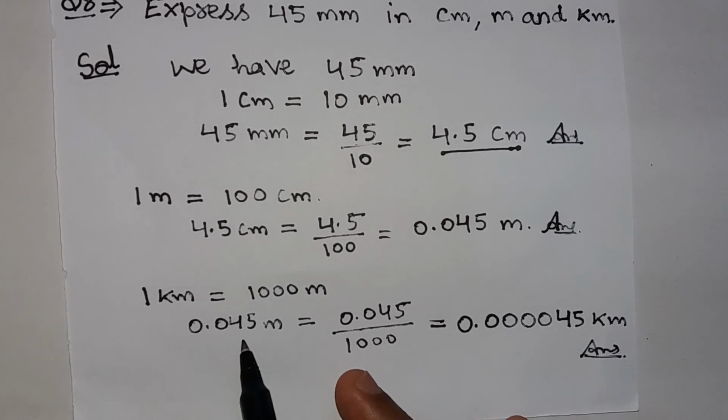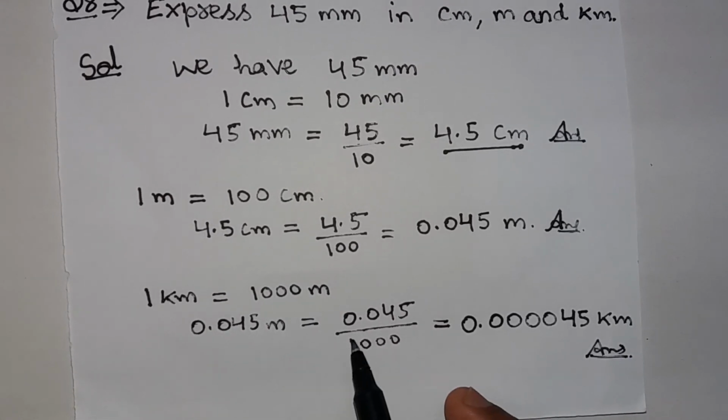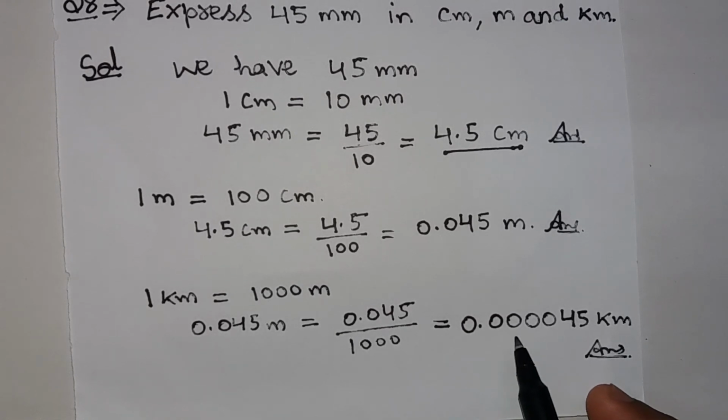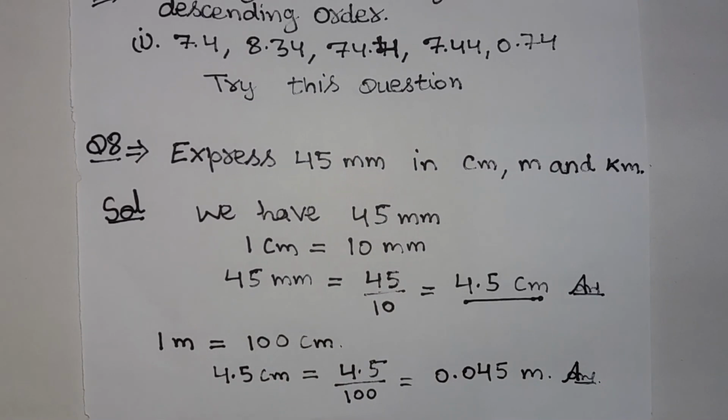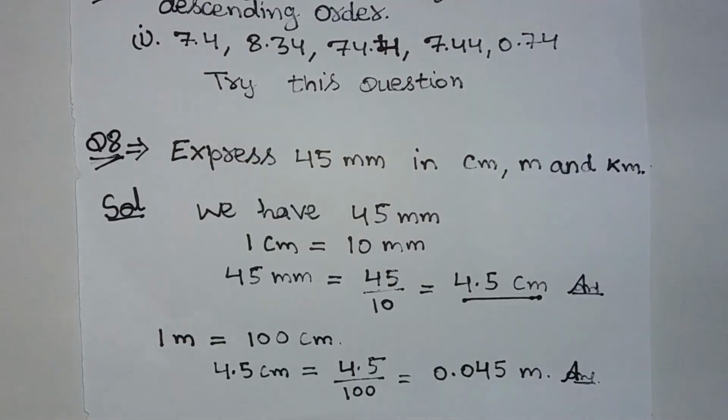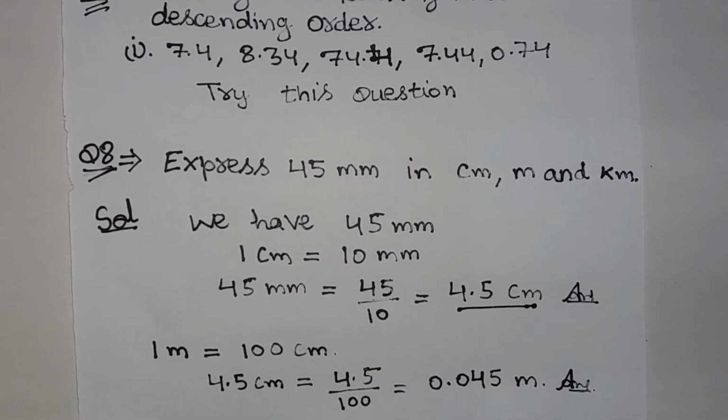So 0.045 meter equals 0.045 upon 1000, which will be 0.000045 kilometer. So in this way you can try this question. It is very important. After this, see the next question.